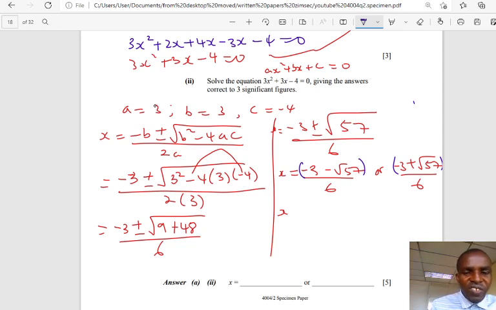To 3 significant figures is minus 1.776.